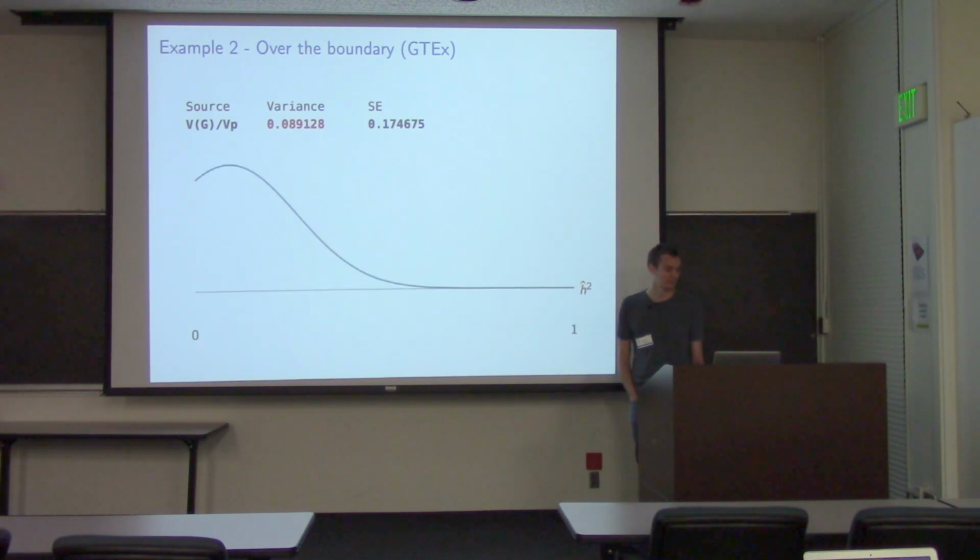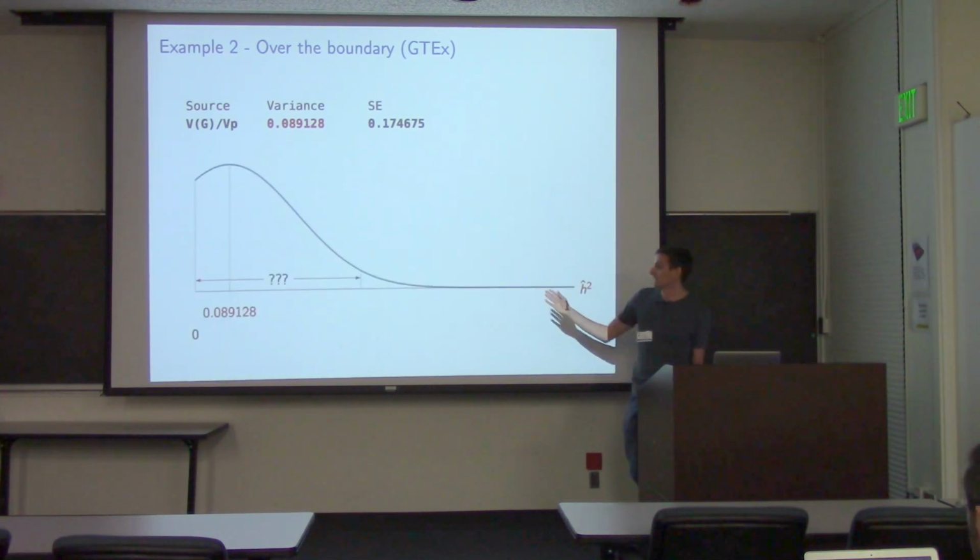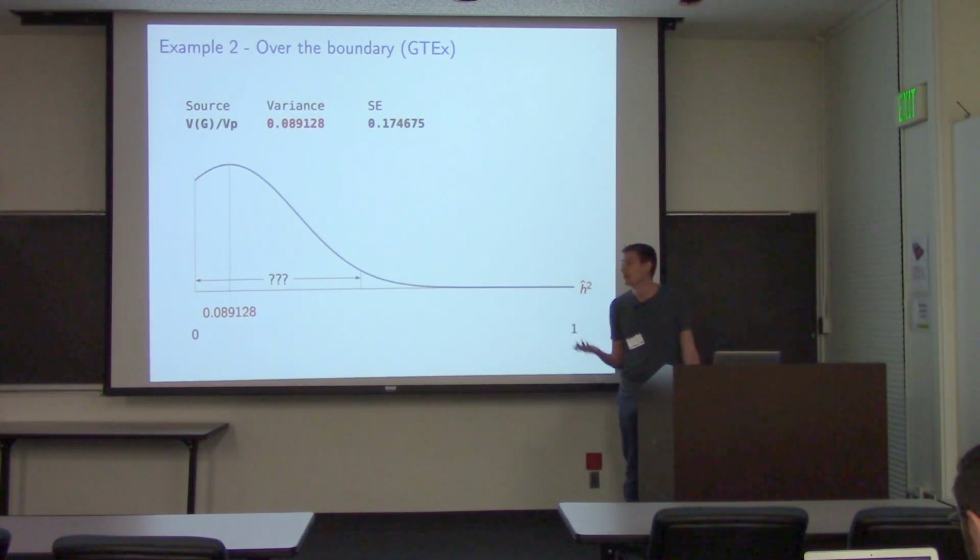So what does that even mean? That means that if we were to construct 2 standard errors on each side, it would be over the range of heritability, which doesn't make any sense, because heritability by definition is between 0 and 1. So this is very confusing, and we don't know what to do with this, and that's a problem. The problem is that we assumed normality, which obviously doesn't hold in this case.